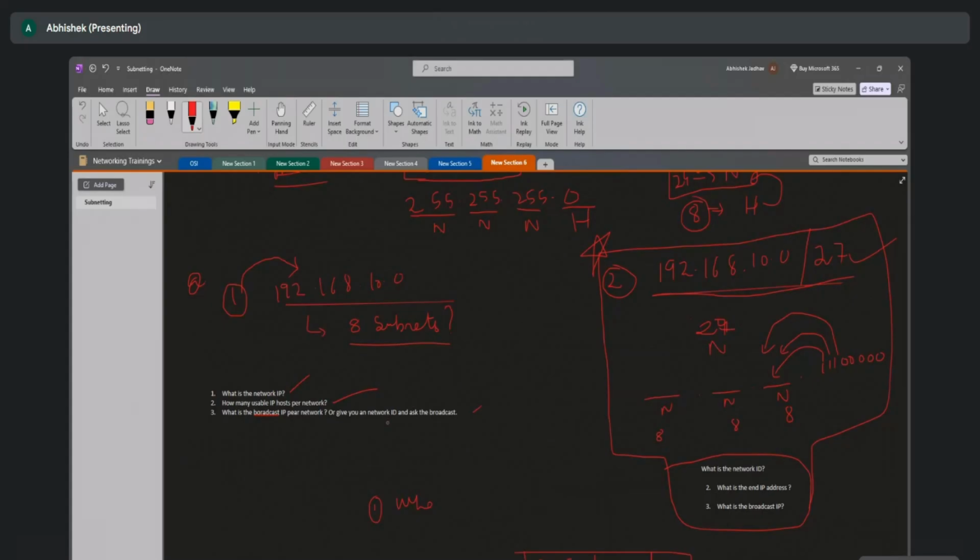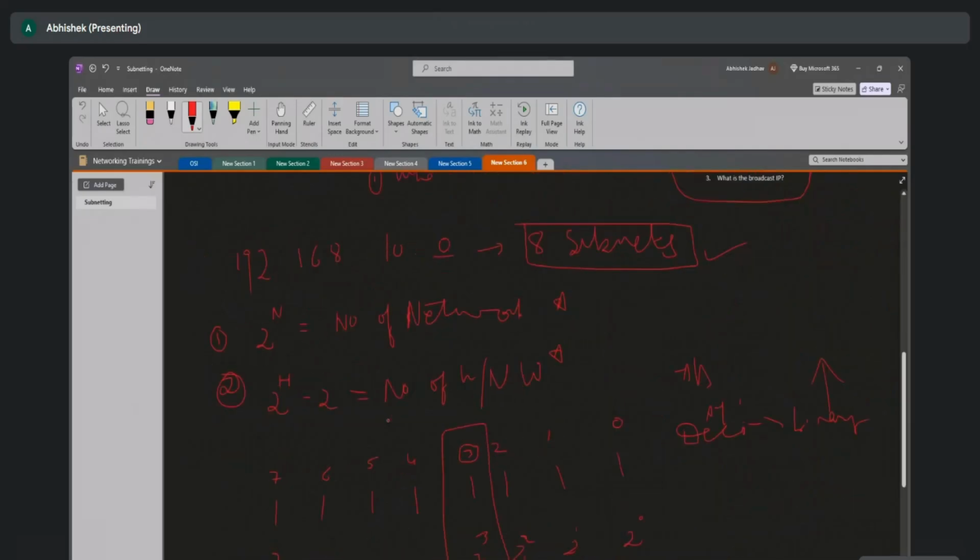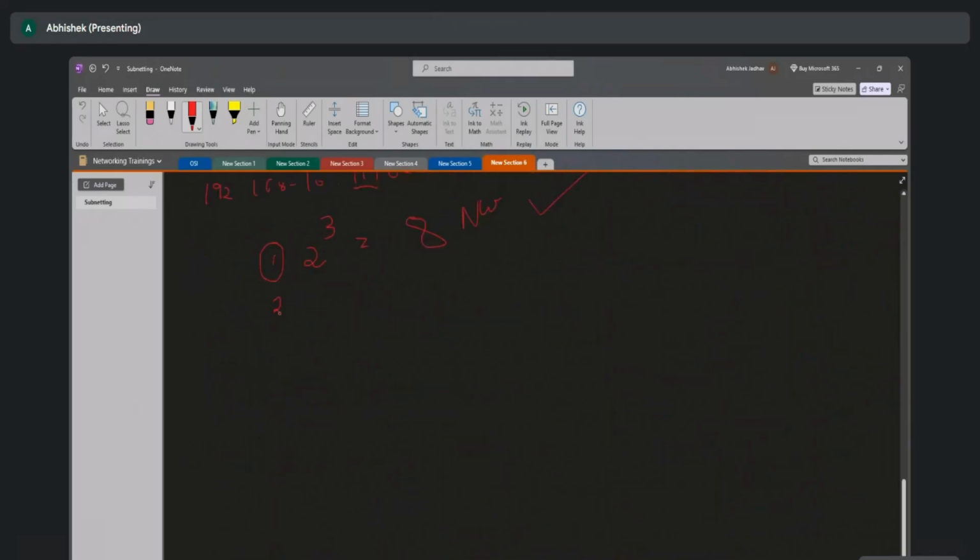So now what we will be doing is finding out how many host bits are there, right? So 2 to the power of remaining bits. How many bits are remaining? Team, any guesses? Five.